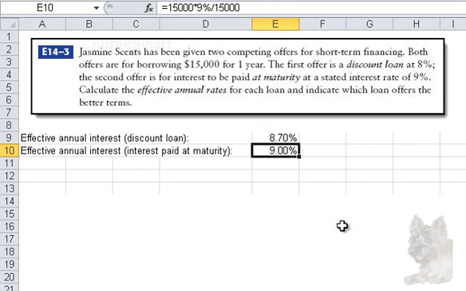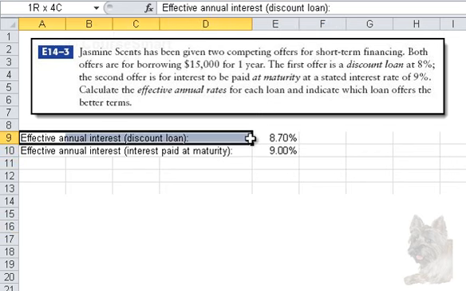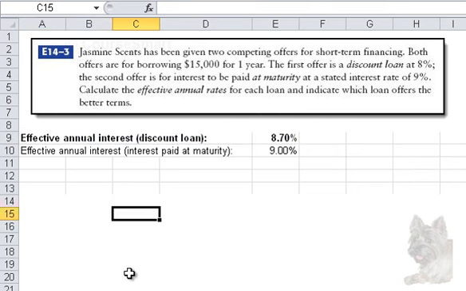No surprises there. So what it tells us is the better alternative is the discount loan. I'll bold that to point out that that's the better alternative because the discount loan gives us a better rate.